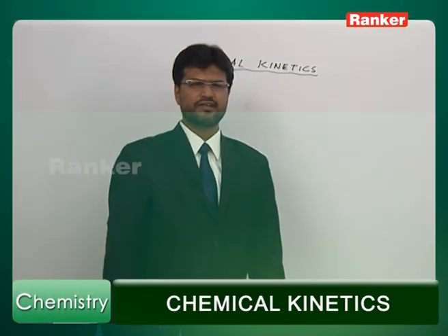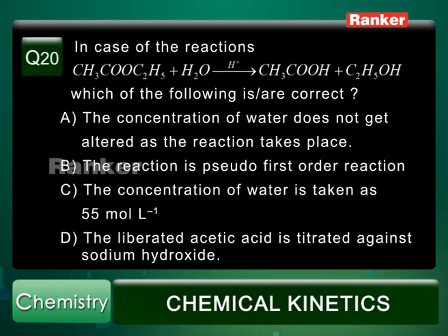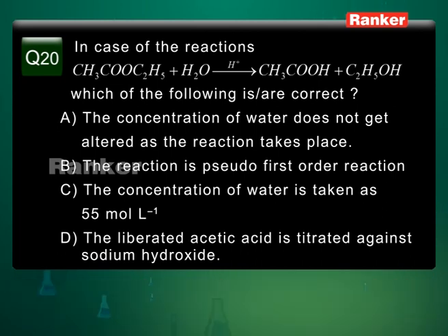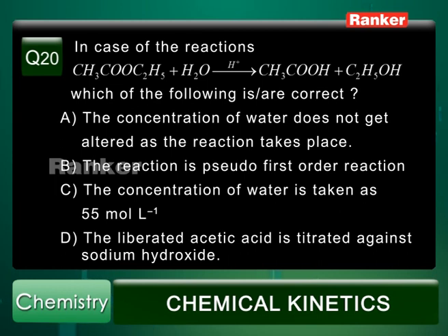Question number 20. In the reaction of ethyl acetate plus water in acidic conditions giving acetic acid plus ethyl alcohol, which of the following statements are correct? Correct statements we want to find out. Statement A, the concentration of water does not get altered as the reaction takes place. See, here we are using dilute acid.